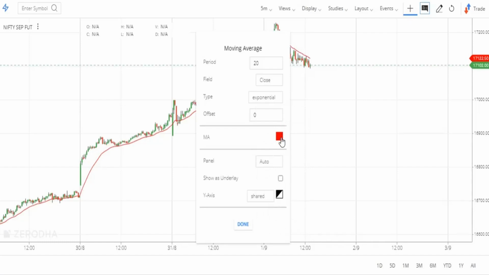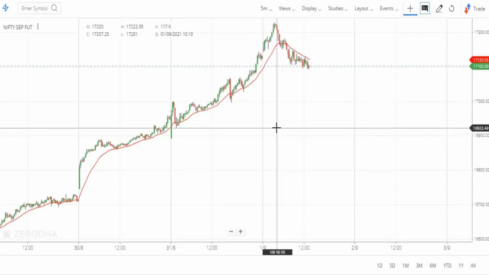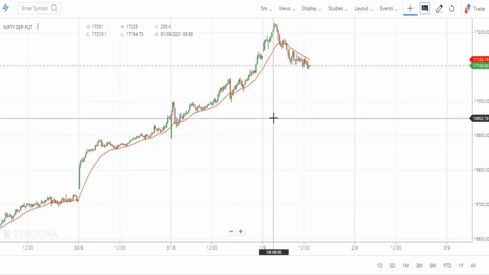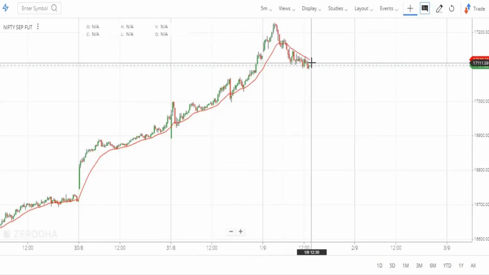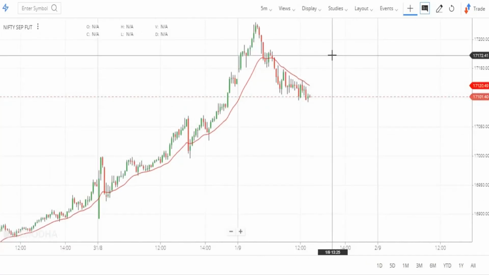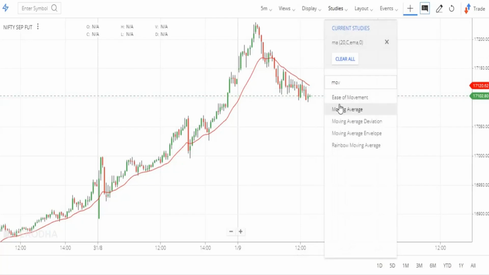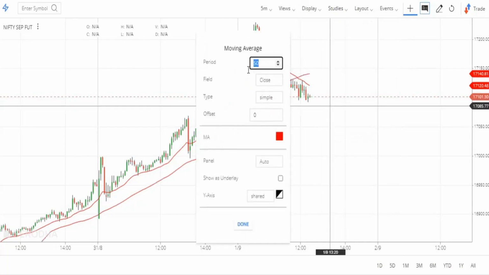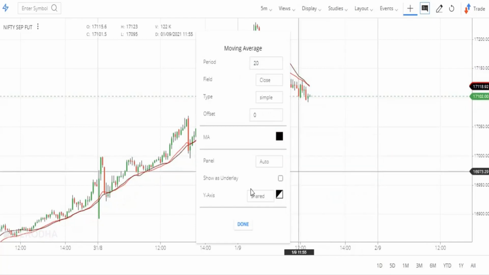What exponential moving average does is it sticks to the market more. A 20 exponential moving average is basically a shrunk simple moving average. So let me add a simple moving average as well so you can understand the difference between those two. I will color it black.